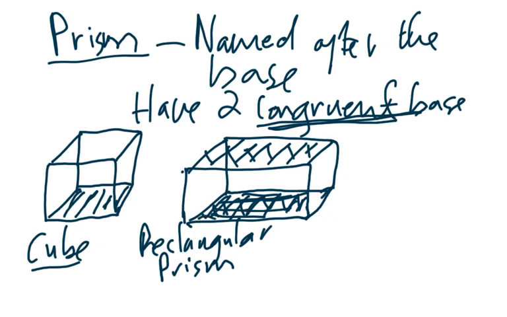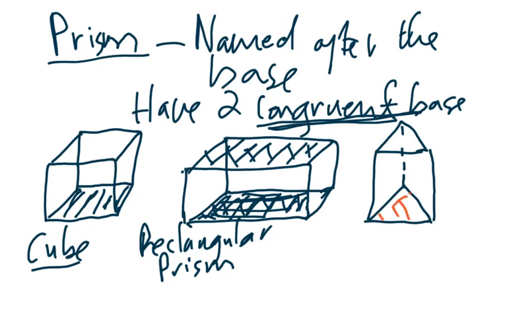Then we would have a prism which is a triangle, like that. This would be regarded as a triangular prism because the base is a triangle.